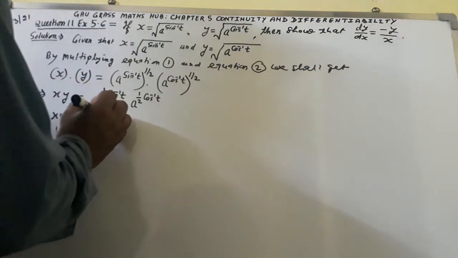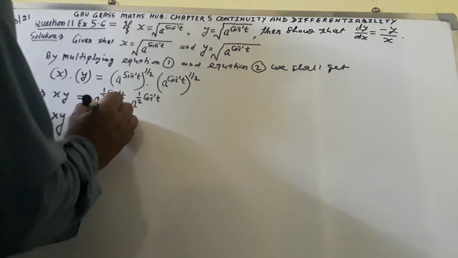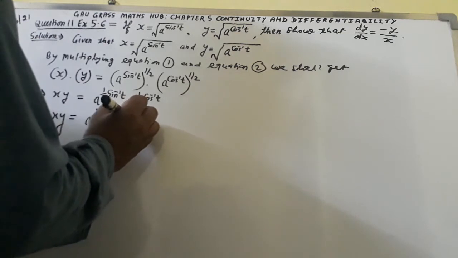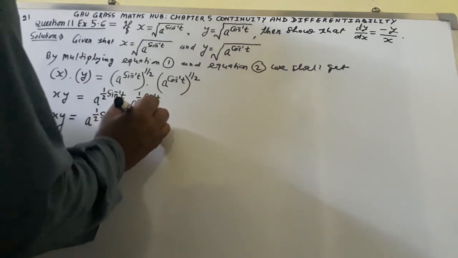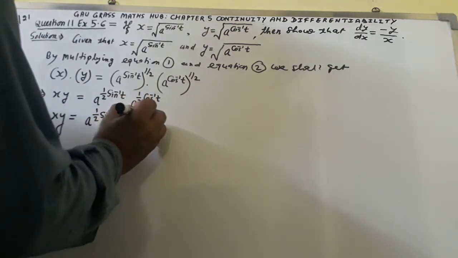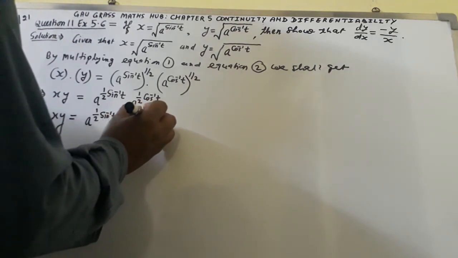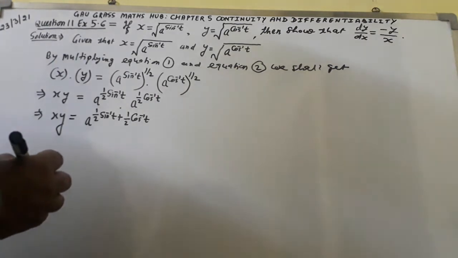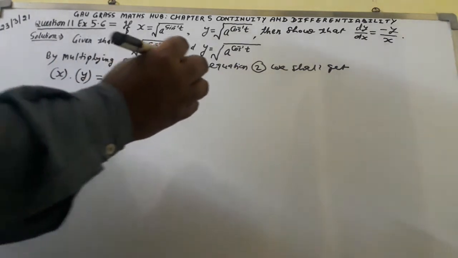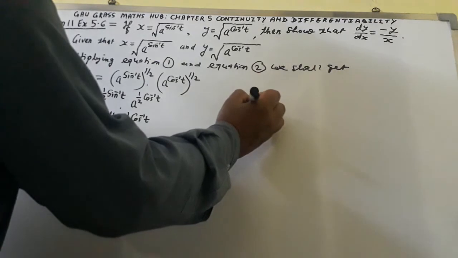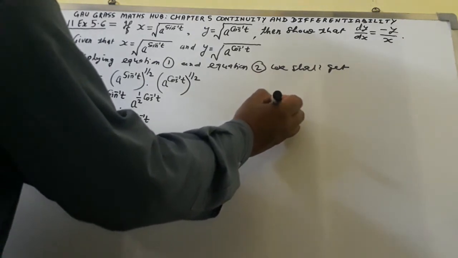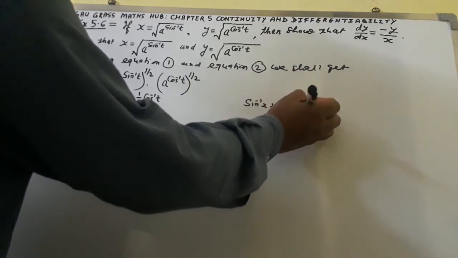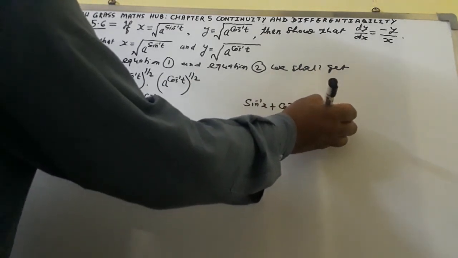Here I shall write 1/2 sin inverse t plus 1/2 cos inverse t. You know the formula. Formula is sin inverse x plus cos inverse x equal to pi by 2.